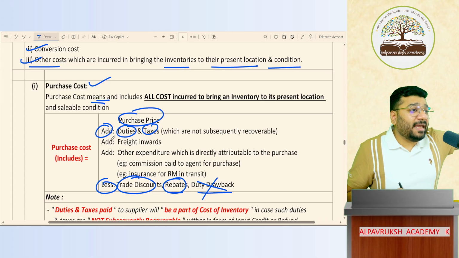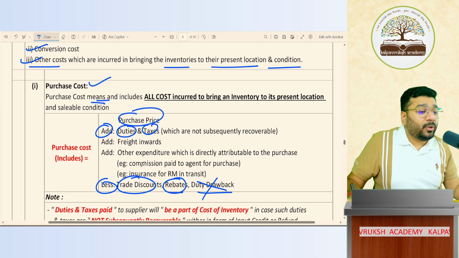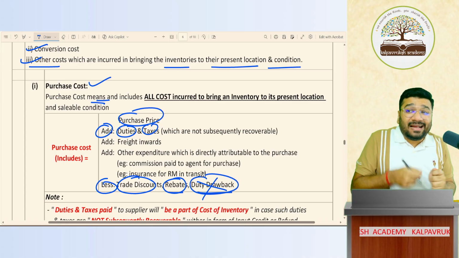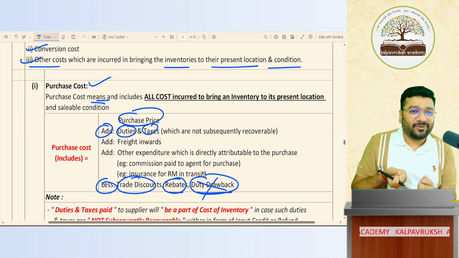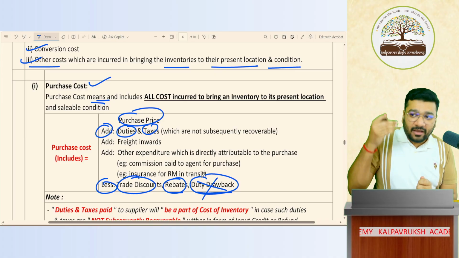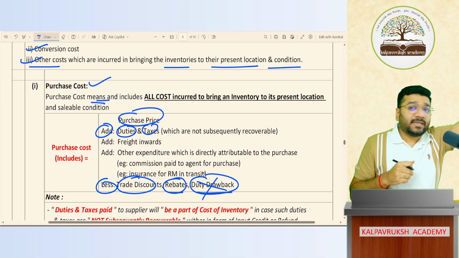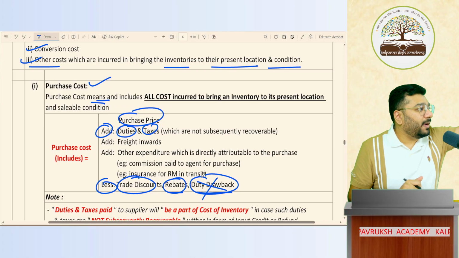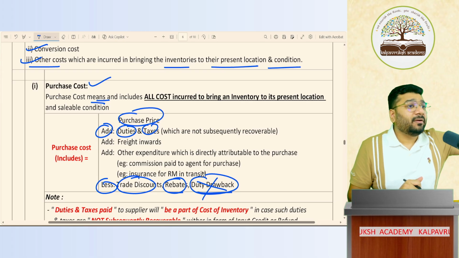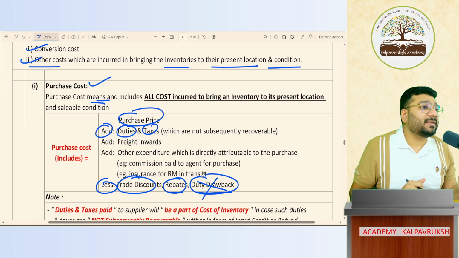So in certain cases, there is an option where you can get the duty drawback. The duty you paid, you can get back as a refund from the government. For example, I am taking glass from here and selling it to Dubai. So I have to pay customs duty.